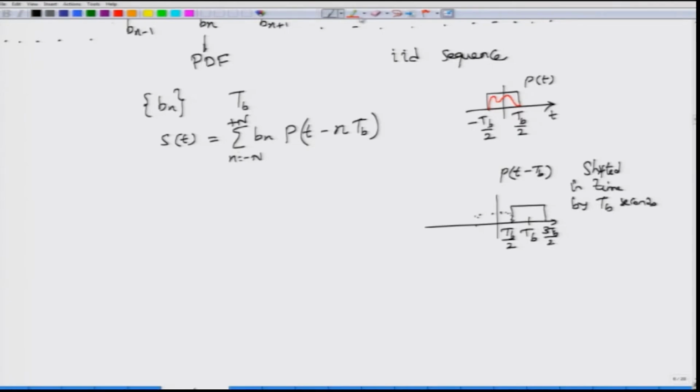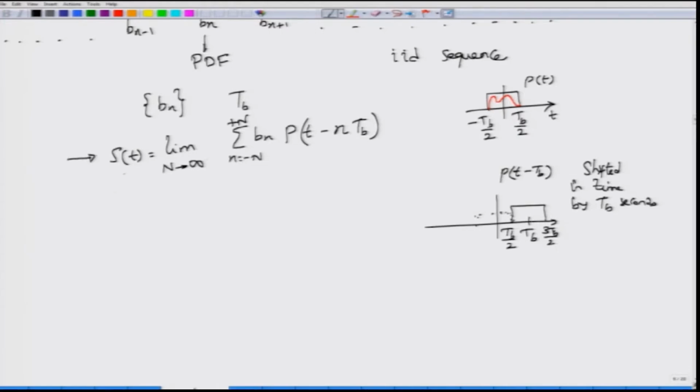Of course, what I want is not just this finite sequence of pulses, because you assume that communication has been happening from time t equal to minus infinity and will go on up to t equal to plus infinity. To obtain that, I take the limit N to infinity, right. So, I keep adding more and more pulses into this. This is your signal that is being transmitted.